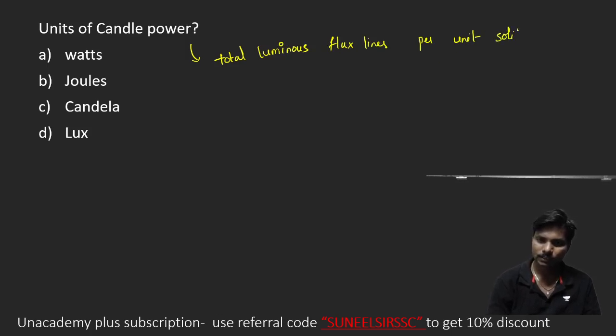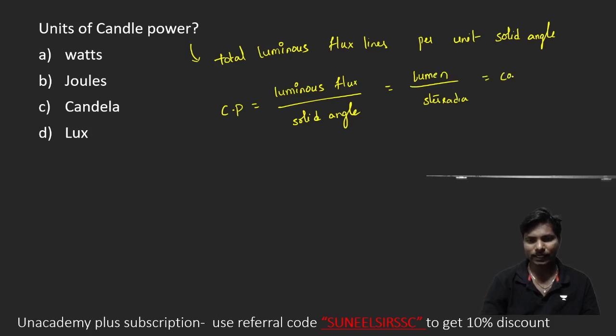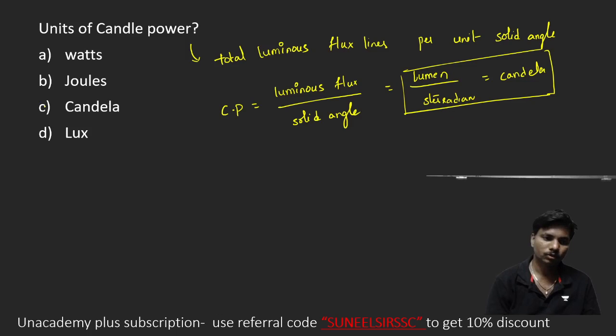So candle power is total luminous flux by solid angle. Luminous flux units are lumen, and solid angle is steradian, so lumen per steradian is candela. Very important: lumen per steradian is candela. So the answer is option C.